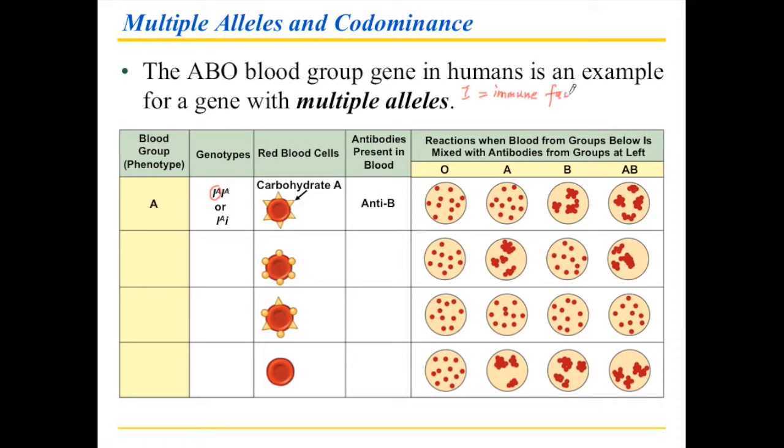And this immune factor can either be an A, and that gives you blood type A, because what it produces is these little triangles, these little carbohydrates on the surface of your red blood cell. That's what A produces. The other one you can be is B, and if you're B, it produces the little circle-shaped carbohydrates on the surface of your red blood cells.